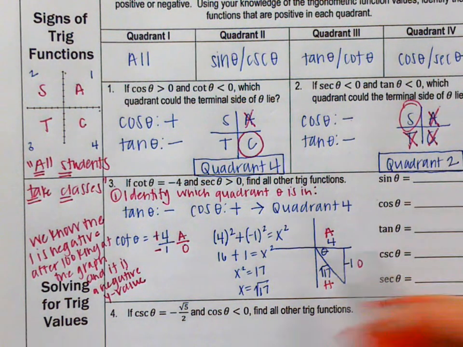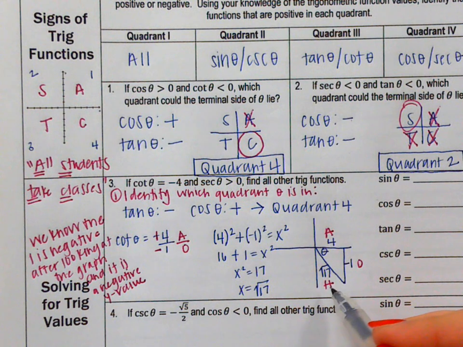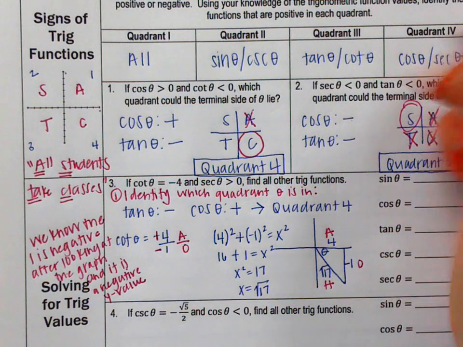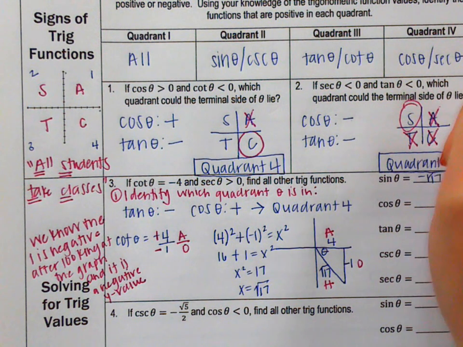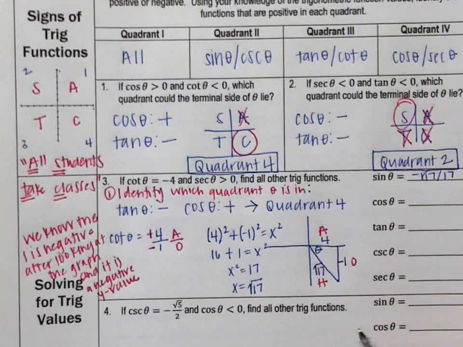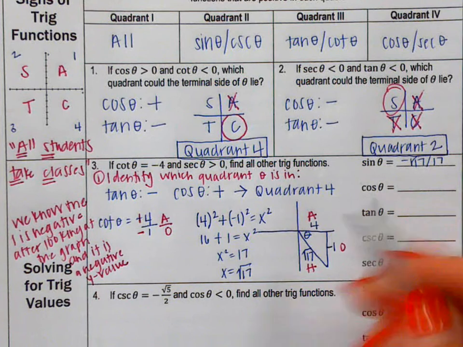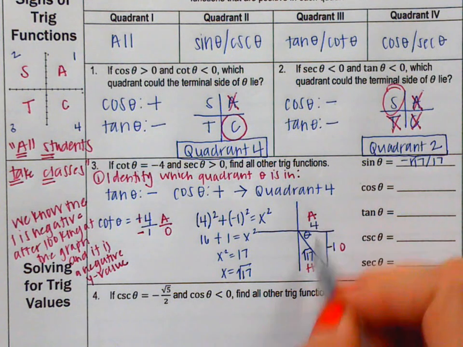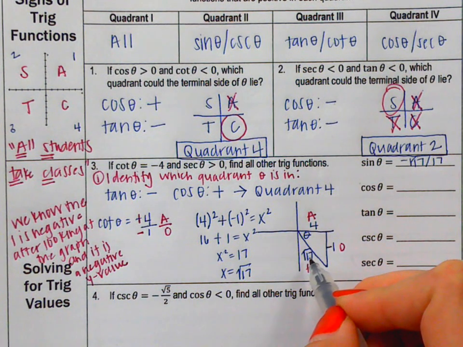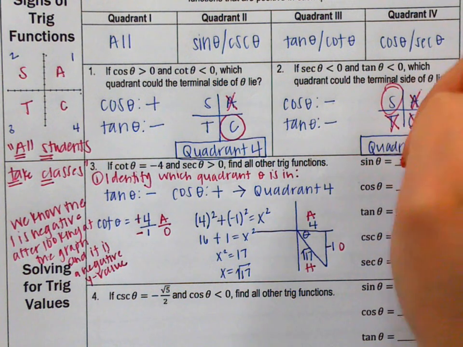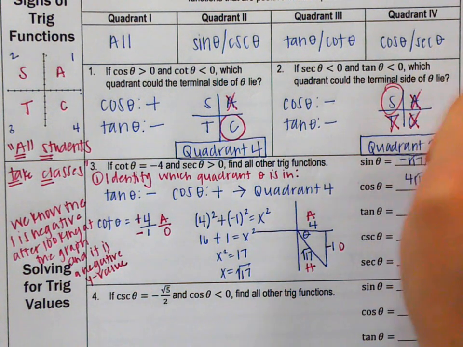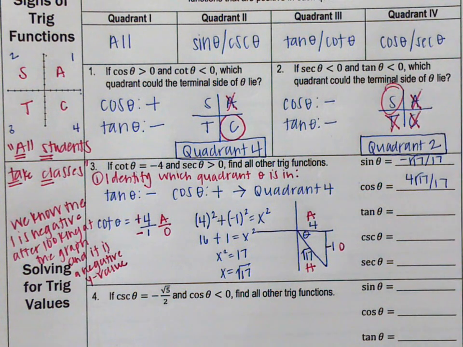So sine, we know, is opposite over hypotenuse, so -1 over rad 17. We've got to rationalize the denominator, so it's negative rad 17 over 17. Cosine would be 4 over rad 17 because it's adjacent over hypotenuse. And then rationalizing the denominator, that would be 4 rad 17 over 17.